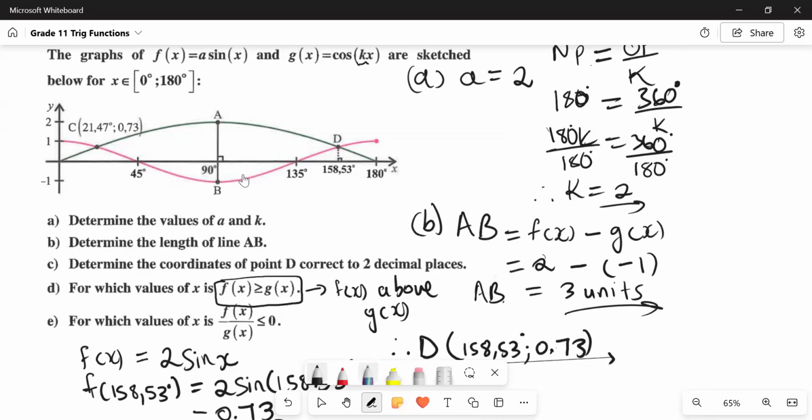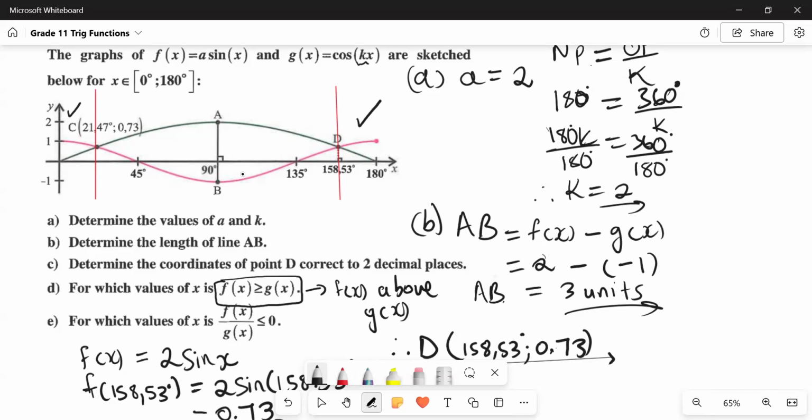So let me try and draw a line here. So now I'm trying to analyze the graph. Now, here, g of x is above f of x. Even here, g of x is above f of x, right?